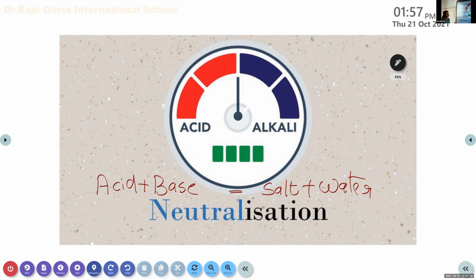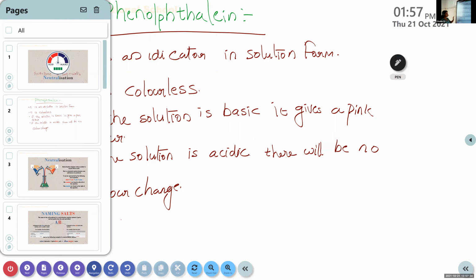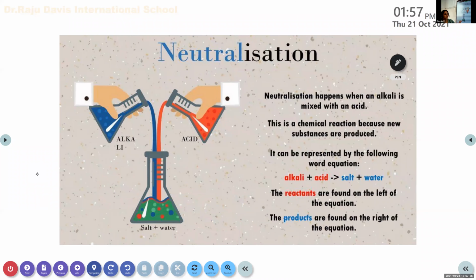So let us see the definition for this neutralization. Here you can see it point by point. Neutralization happens when an alkali is mixed with an acid. We take a beaker and add both the alkali and the acid together into the beaker.